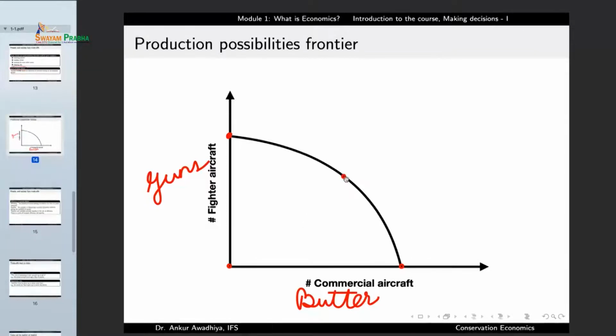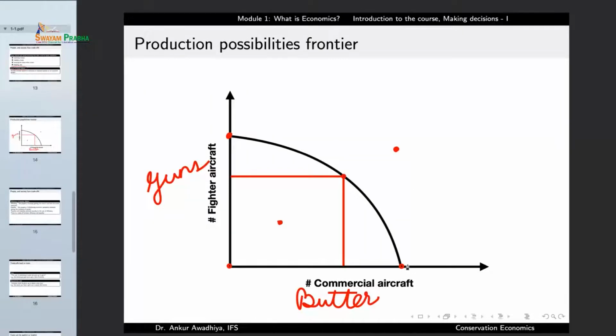So the society might say that we will have these many commercial aircraft, that is this line, and we will have these many fighter aircraft. Or the society could choose a point like this, or a point like this, which is probably outside of the capacity of our industry.